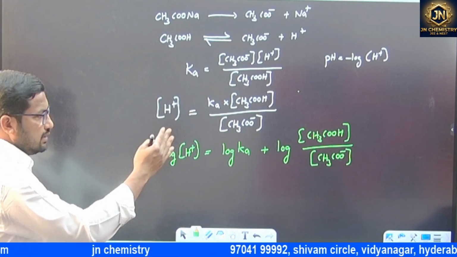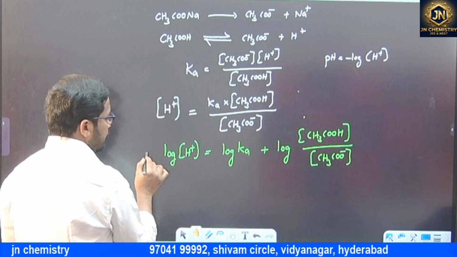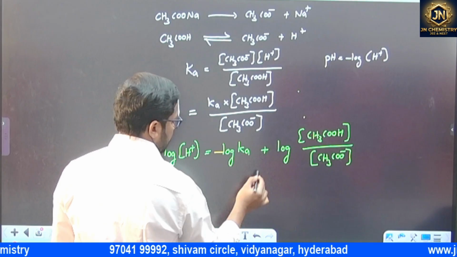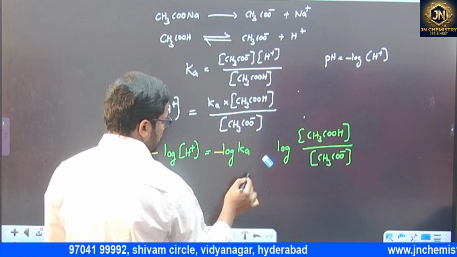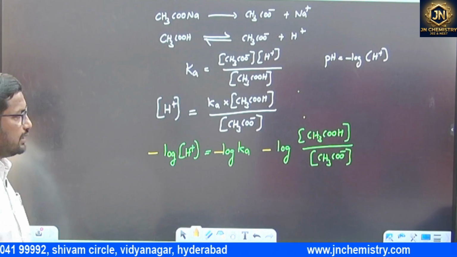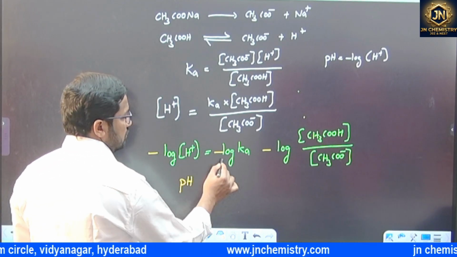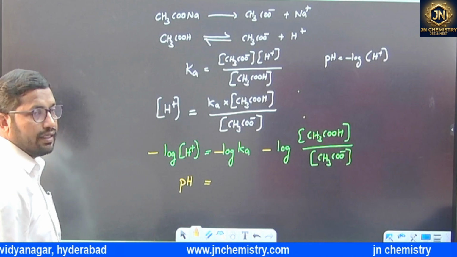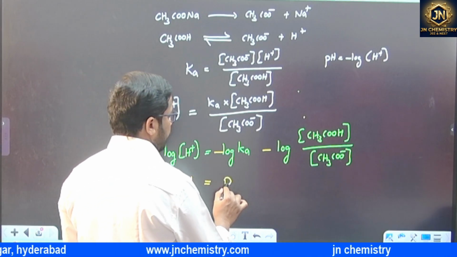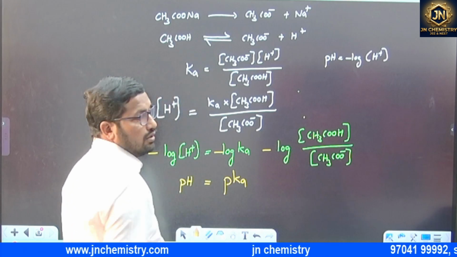Multiply with minus, I am just writing the multiplying here only. Okay. Minus log H plus is nothing but pH. So pH equals minus log Ka, pKa, right? So minus log, right?